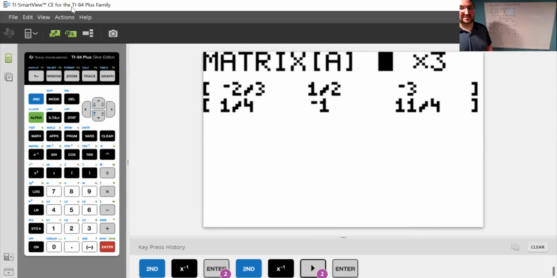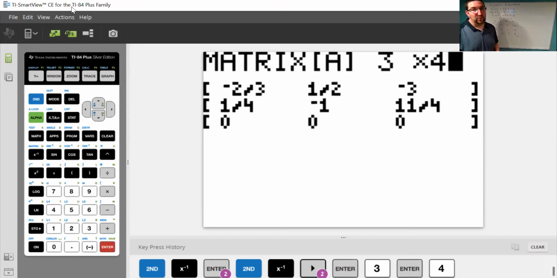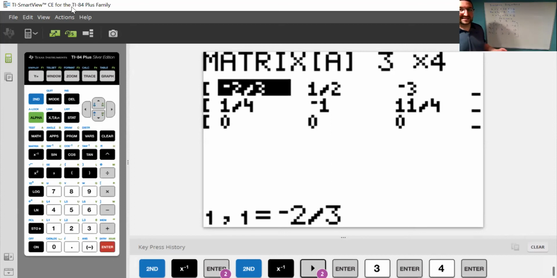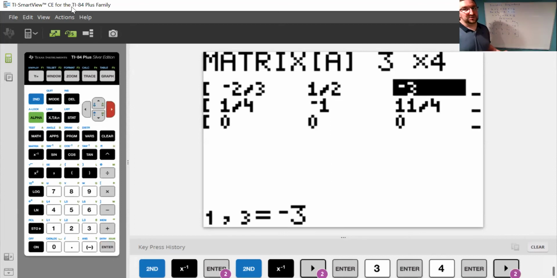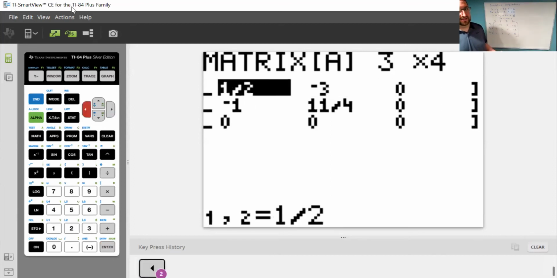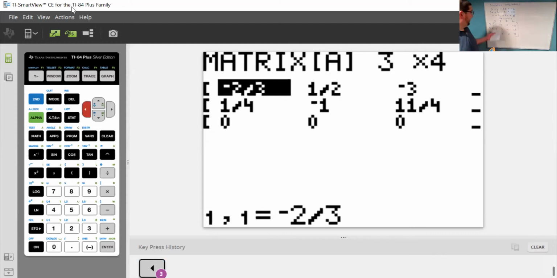So now we have to enter in our new matrix. Now we don't have a 2 by 3 matrix this time because we're dealing with 3 variables and 3 equations. We are now going to have a 3 by 4 matrix. And what you can see is that it doesn't fit all on one screen, but if you scroll over, it is there. Okay, so we're going to enter in.